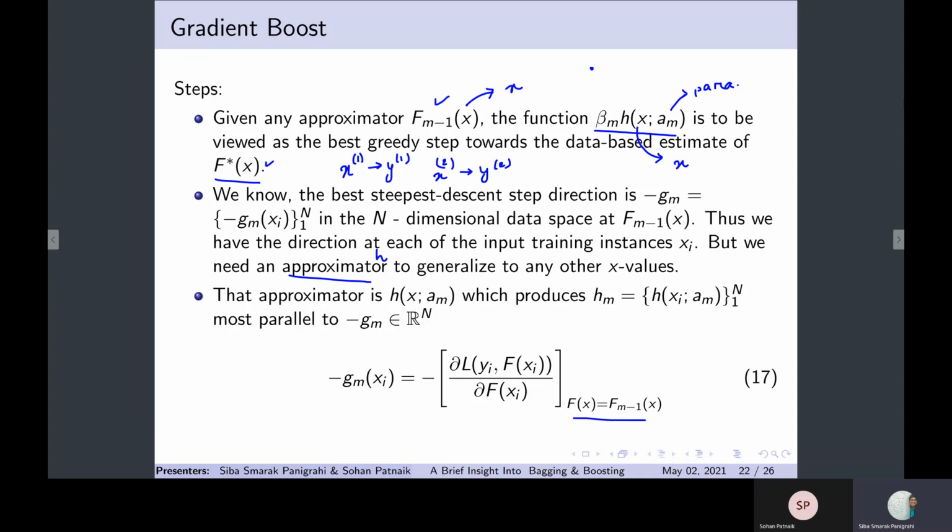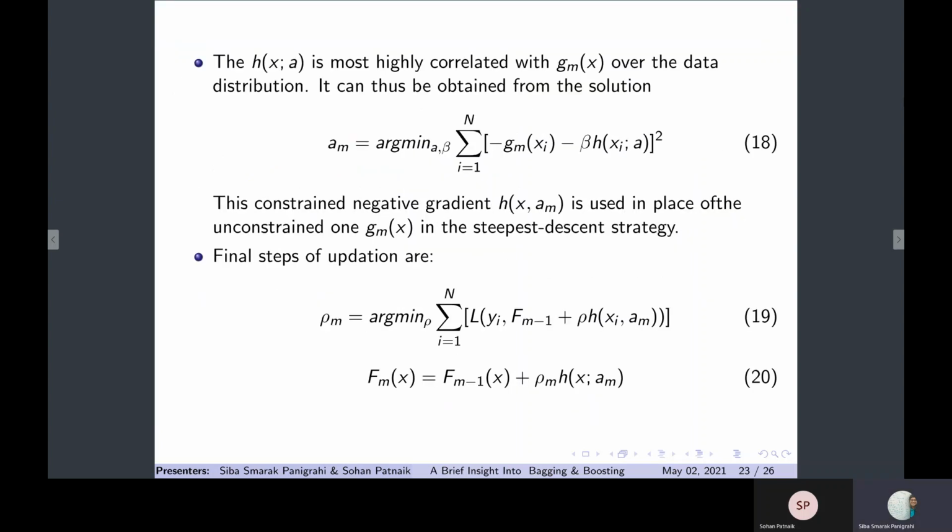Now the approximator h which produces h m: how to obtain h m? H m is obtained by putting in x1, x2, x3 and taking the outputs. That set is called h m. This h m set should be most parallel to the negative of g m. This idea is basically from gradient descent, but we need it to be generalizable to any other x values. So this step is clear. Let's move to the next slide.